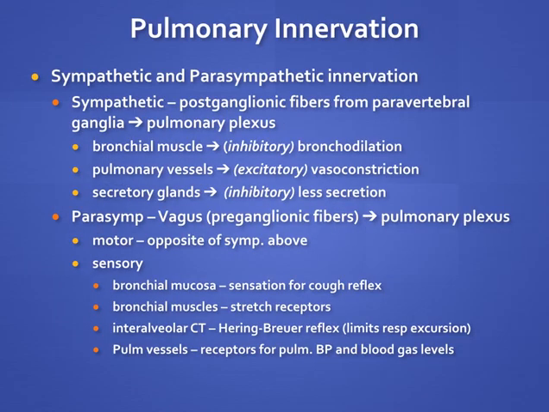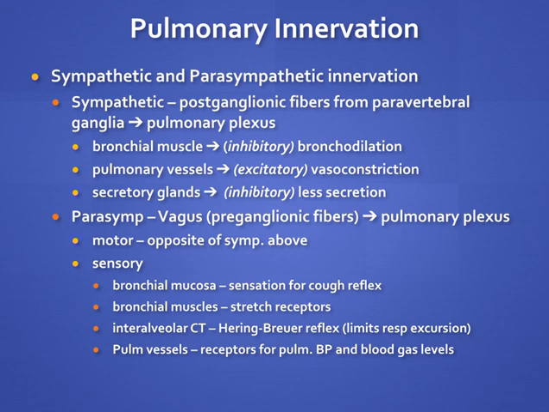The pulmonary innervation is primarily a physiologic system. A couple of things that I'll highlight: the sympathetic system. It would be important to review some of the autonomic nervous system within your physiology section. The fibers from the sympathetic system are ultimately going to end up in the pulmonary plexus.